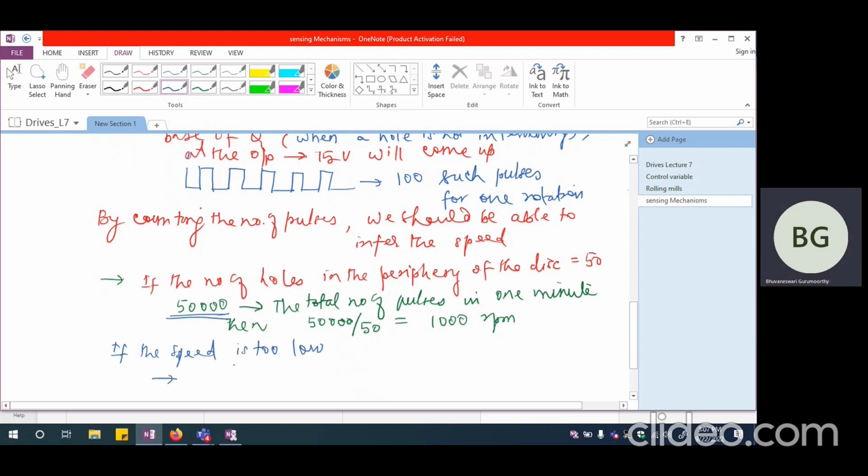maybe what we can do is count a high frequency pulse between two consecutive rising edges or two consecutive falling edges. Between these two, how many high frequency pulses are coming? If I am able to get the total number of high frequency pulses between two consecutive rising edges or falling edges, I should be able to infer speed quite accurately.